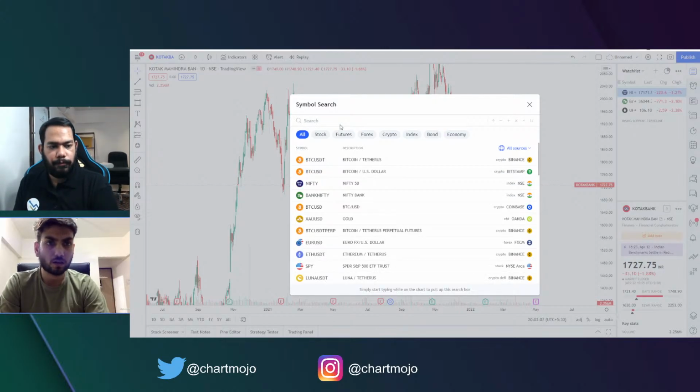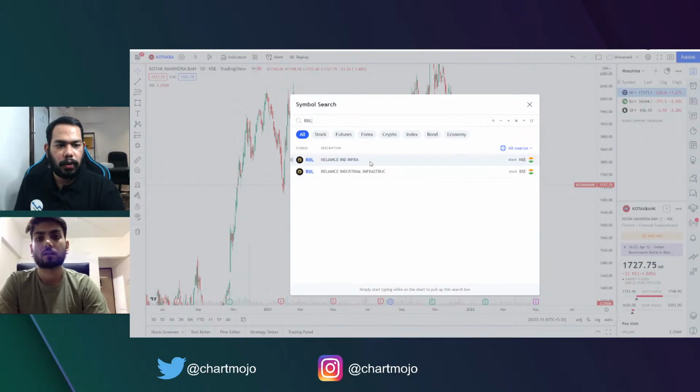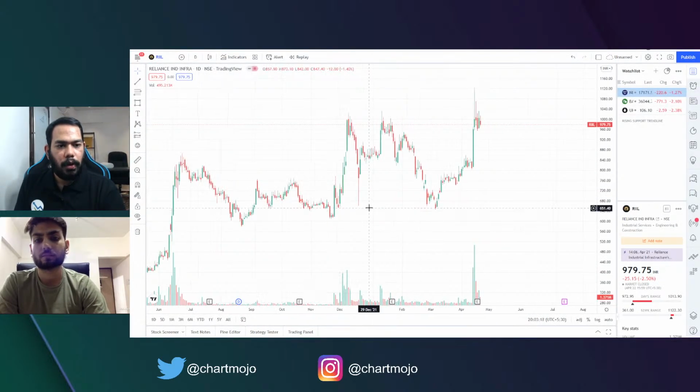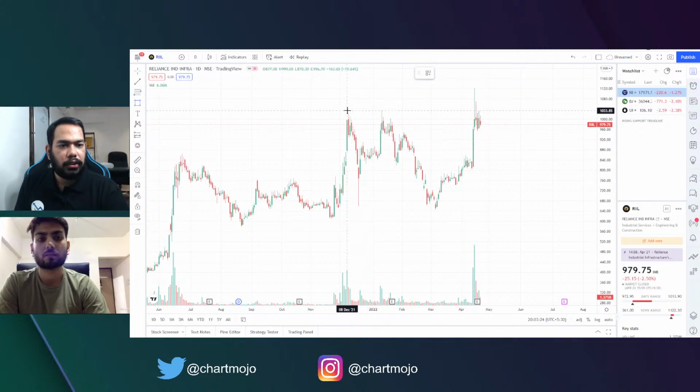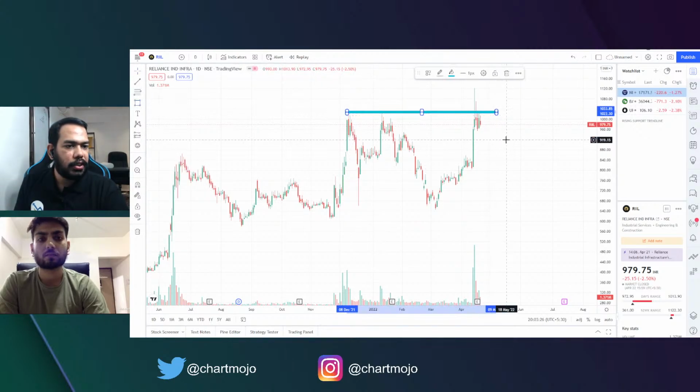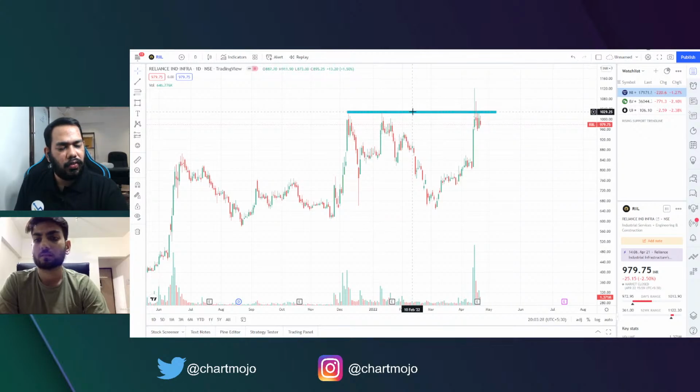Next stock is, we have covered Kotak Bank, right? Next is Reliance Industrial Infrastructure Limited, RII. Again, this stock is trying to give a breakout. When you look at this chart, we can see 1030 is a breakout level, but there was a failed attempt to give a breakout.